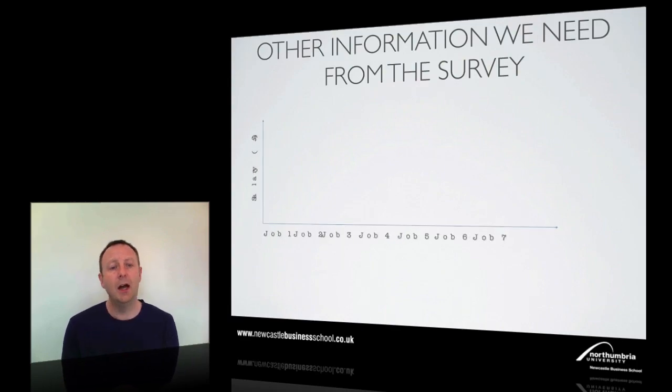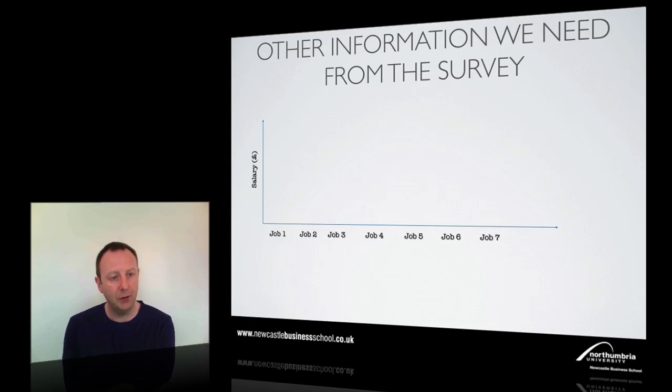What else might we need to know within the survey? Well, one of the things that we talked about in terms of looking at pay policy choices was the fact that base pay may well not be the end of the story. So, we may look at doing a pay survey for these various jobs in our organisation, job 1, job 2, through to 7.